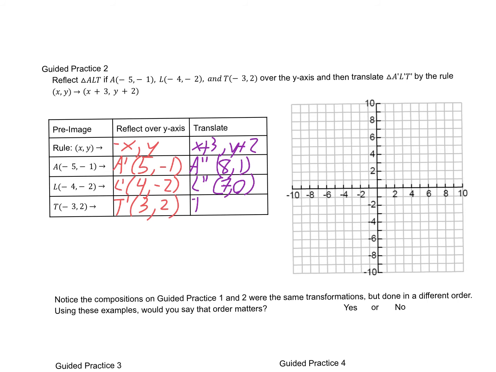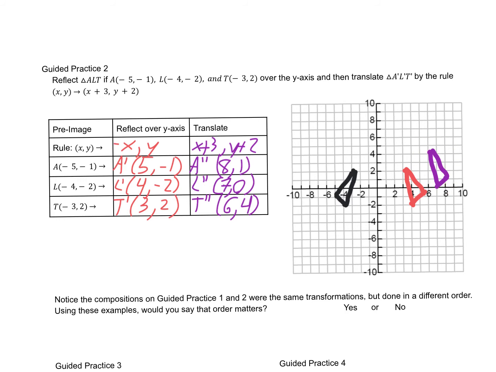And T double prime will exist at 6, 4. So this time, we still have our initial starting position, but we reflected over the y-axis, and we translated it to the right 3 units and up 2 units.